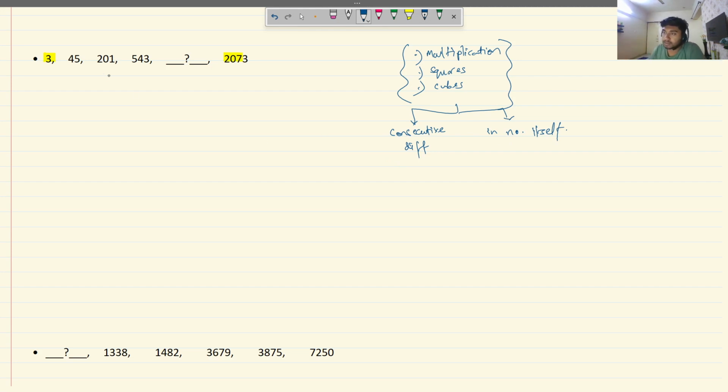In this case, I can see that 3 is close to 4, that is 2 square, a perfect square. 45 is close to 49, that is 7 square. But again, 201 is close to 216, that is 6 cube. And again, 543 is close to 512, that is 8 cube. So there are squares and cubes both.